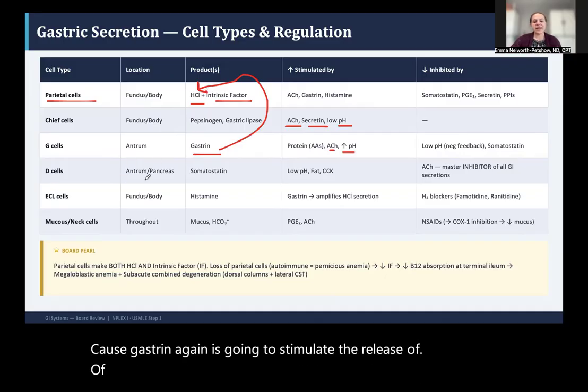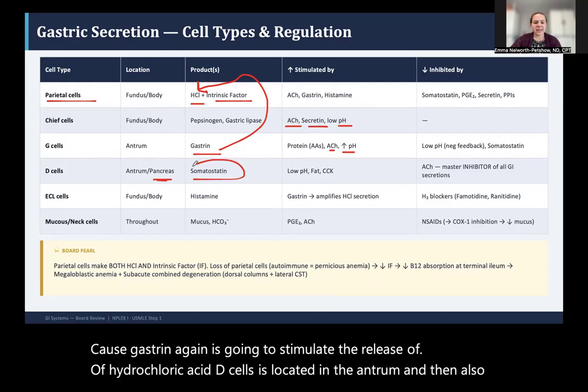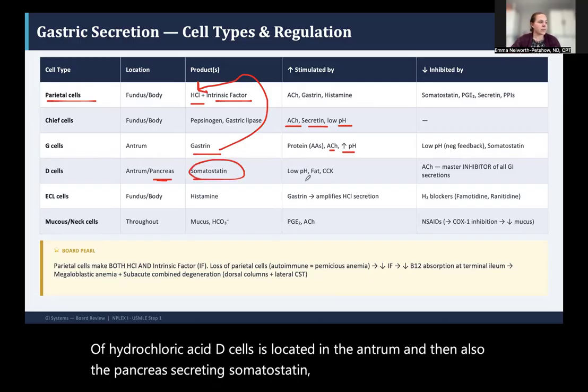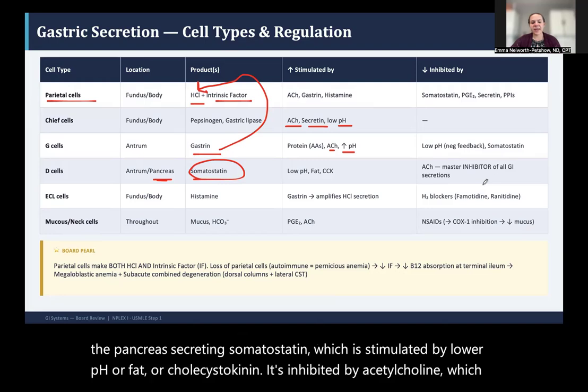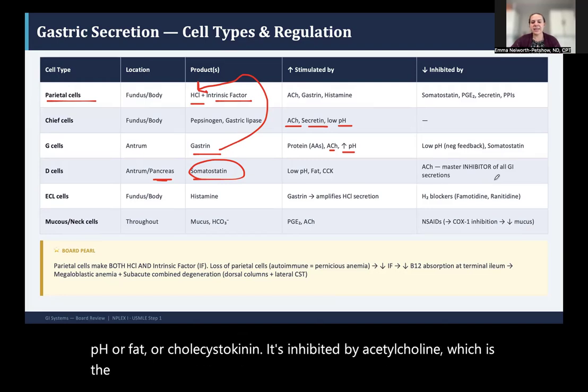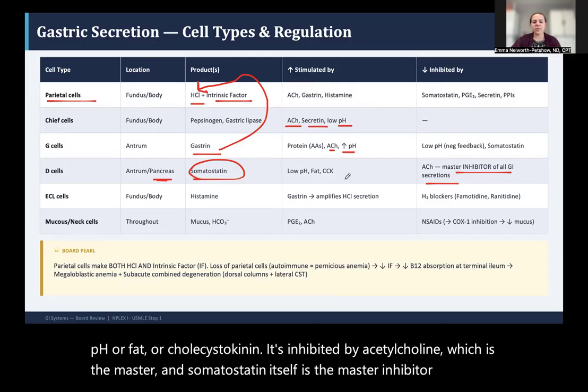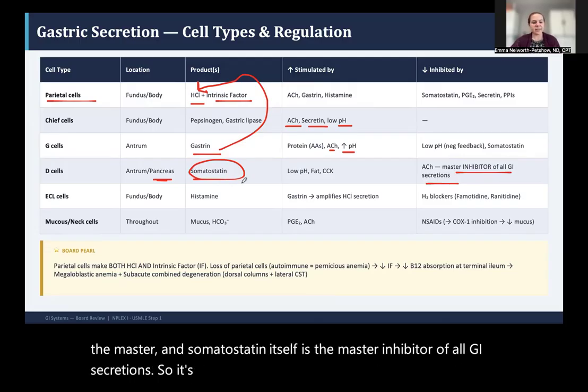D cells are located in the antrum and then also the pancreas, secreting somatostatin, which is stimulated by lower pH or fat or cholecystokinin. It's inhibited by acetylcholine, and somatostatin itself is the master inhibitor of all GI secretions. So it's important to keep that in mind.